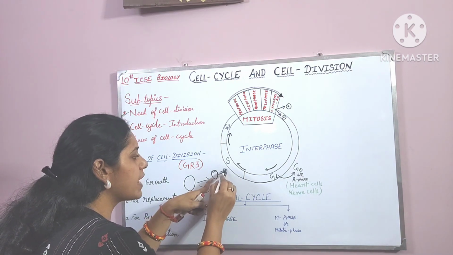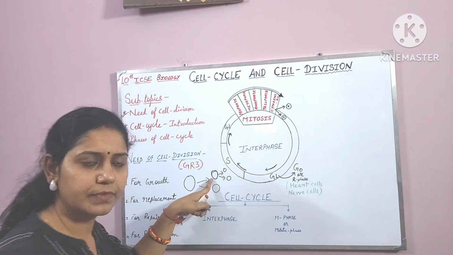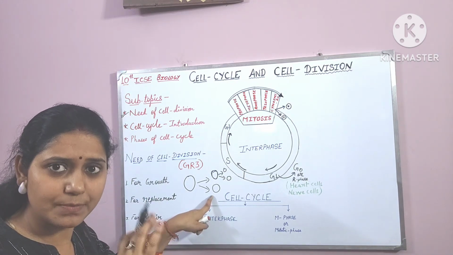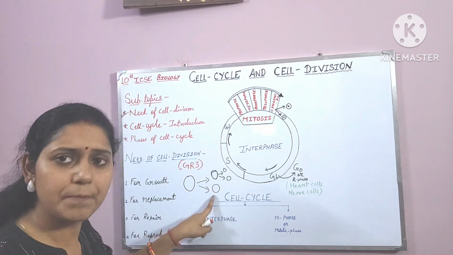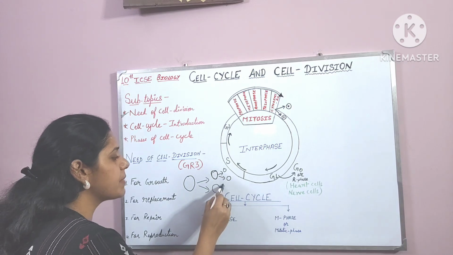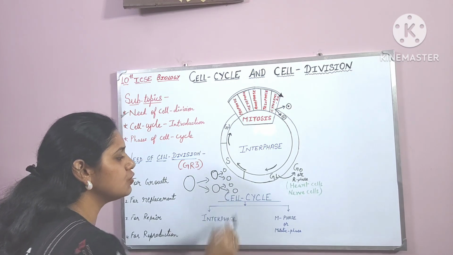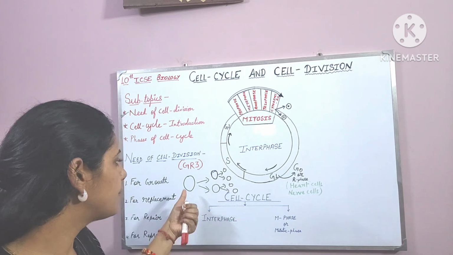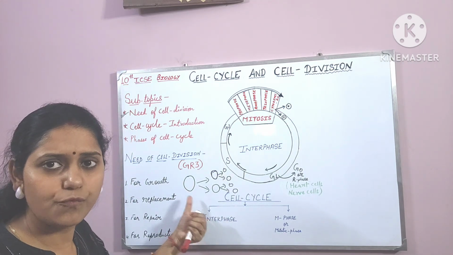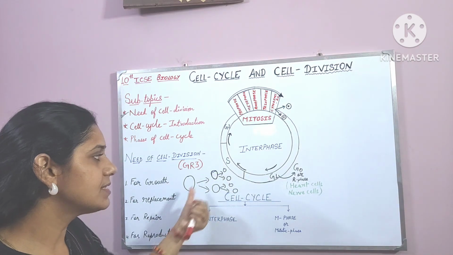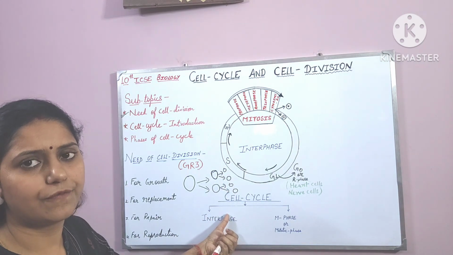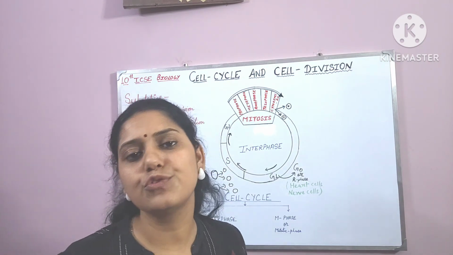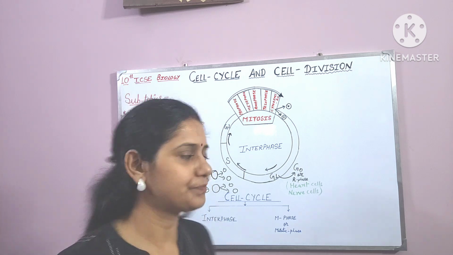Now again it will give rise to 2 daughter cells. Again this daughter cell, which was before a daughter cell, when it gets mature, it will become a parent cell. Now this parent cell will give rise to 2 daughter cells. So, we can easily see from one parent cell many cells will be formed. This is the process of cell division, and this leads to general growth of the body.